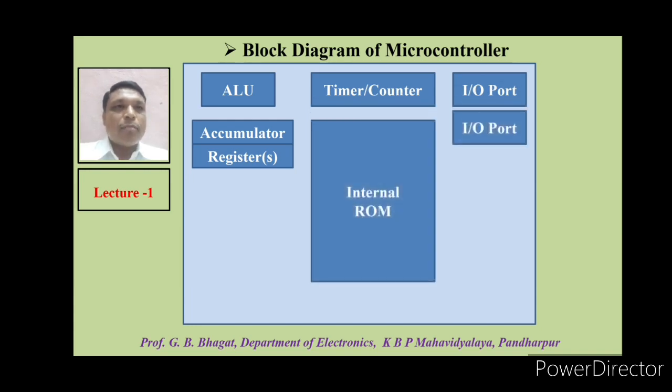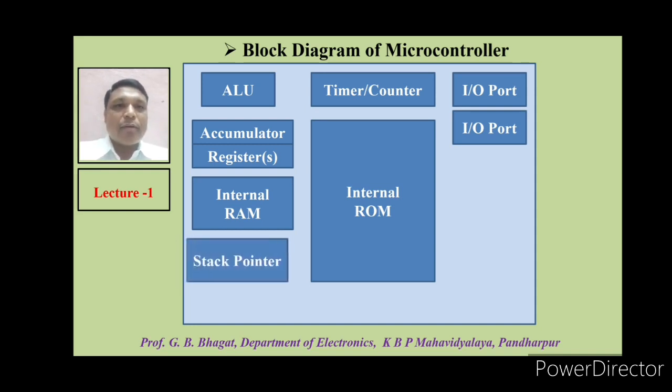The next block of the microcontroller is internal ROM. This ROM is used to store the programs in microcontroller. Similarly, it has internal RAM. This internal RAM is used to store the data in the microcontroller. The next block is the stack pointer.